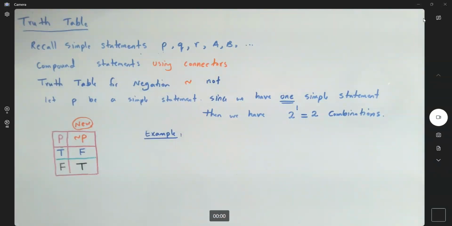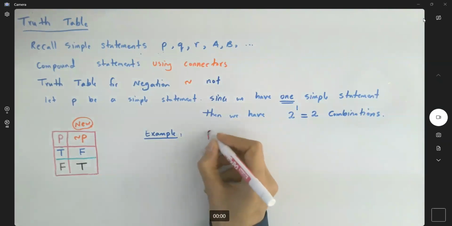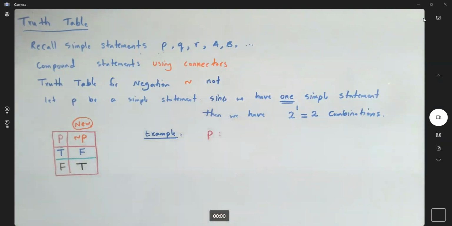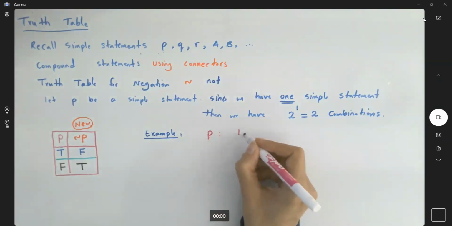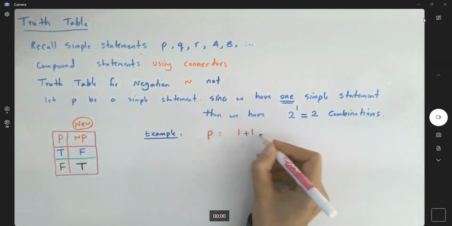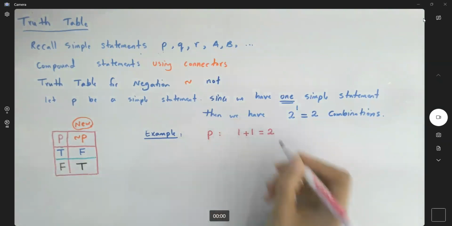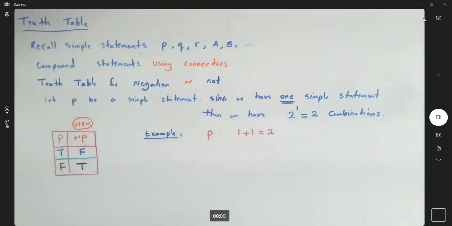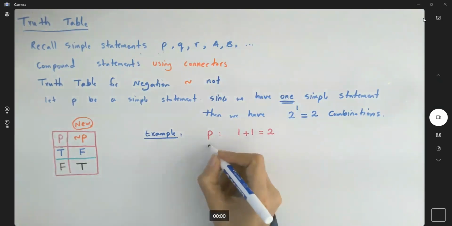Suppose I give you statement P, and I say that the statement P mentions that 1 plus 1 is 2. We already can check the truth or falsity of this statement. 1 plus 1 is 2. Yes, of course, it's always true. So this is a true statement.